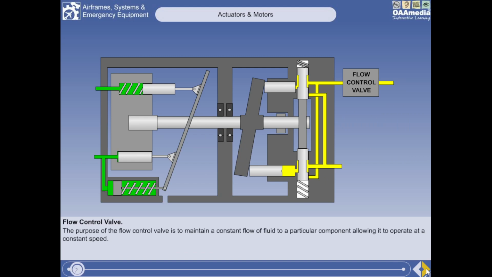A hydraulic motor will often have a flow control valve in the supply line to it. The purpose of this valve is to maintain a constant flow of fluid to a particular component, allowing it to operate at a constant speed, such as would be required in a trailing edge flap system.